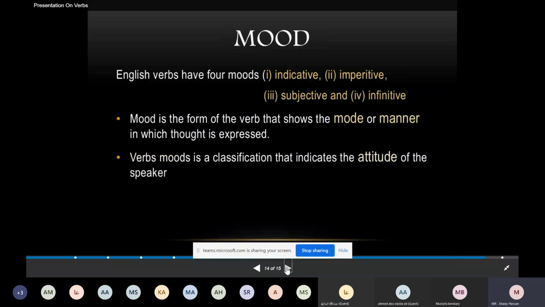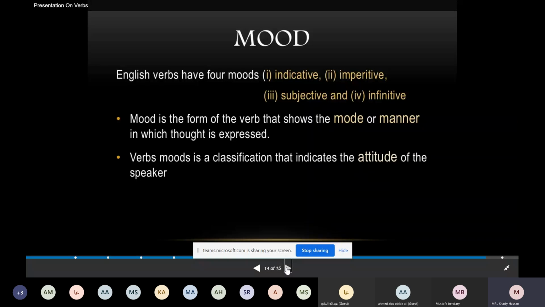The verb mood. Actually, the verb mood indicates the attitude of the speaker, if he wants to give an order or to ask a question or to tell a piece of information. So the mood of the verb once again indicates the attitude of the speaker.